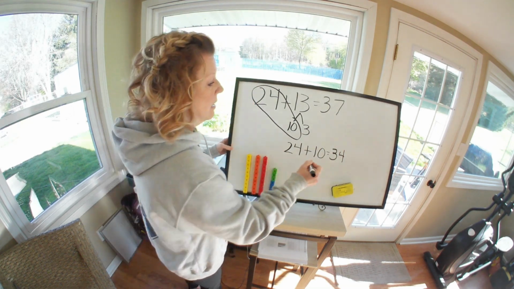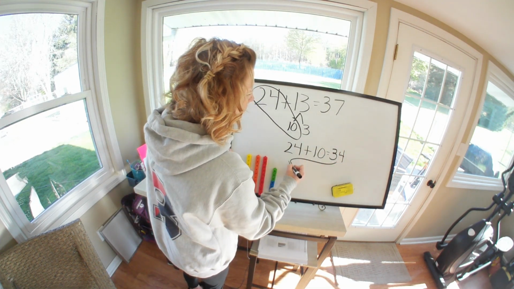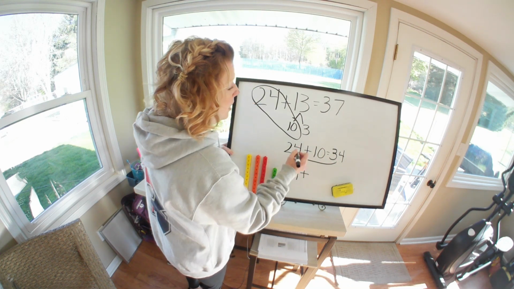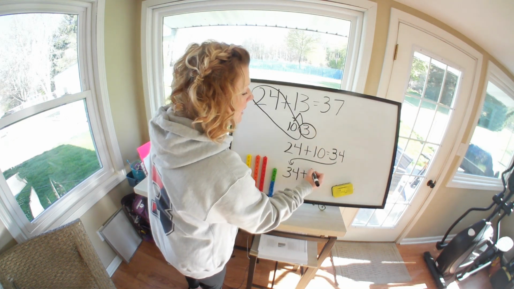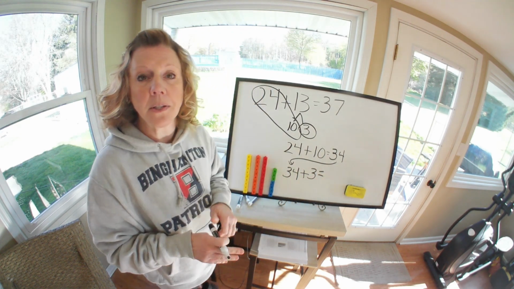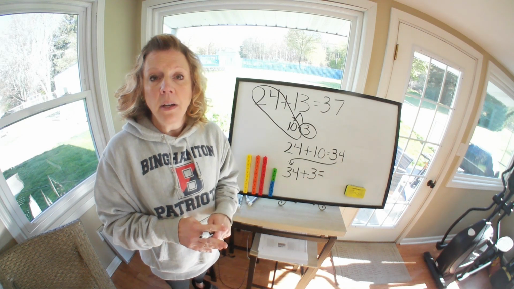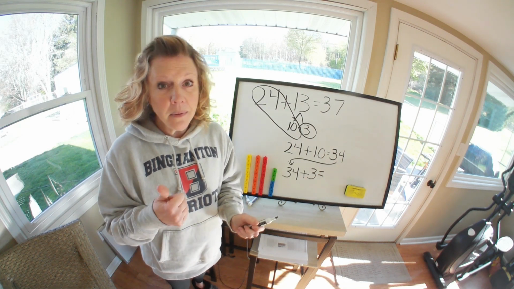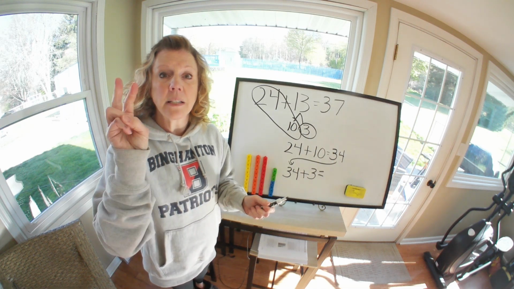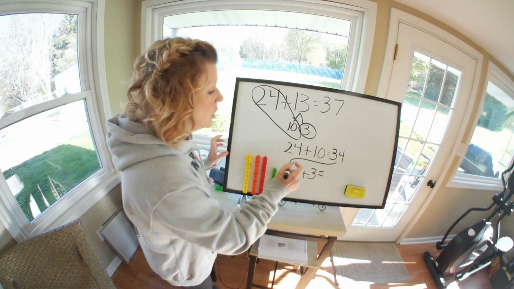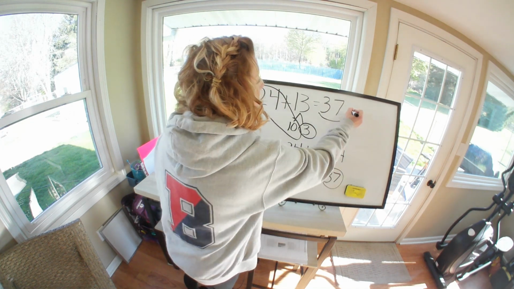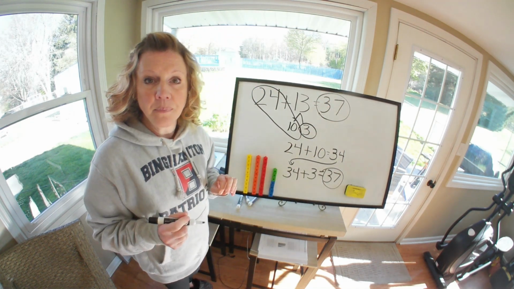What I need to do now is bring this 34 down and add it to the number I did not use. Well, I did not use 3. And you're probably going, well, I can't add 34 plus 3. You absolutely can, because if you punch 34 and count up 3, you can get it. 34, 35, 36, 37. So you were able to do that, 37. And take a look. Does that match what we have here?